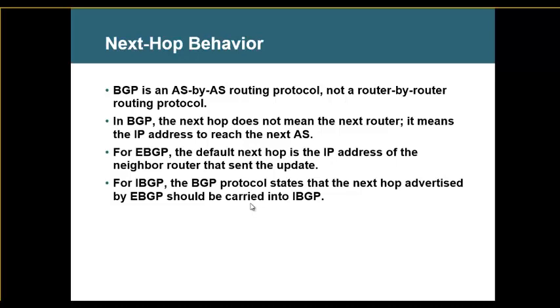See, BGP is a path vector routing protocol. Path vector. Why do we call it like that? Because it shows the autonomous system path via which we learn the routes.